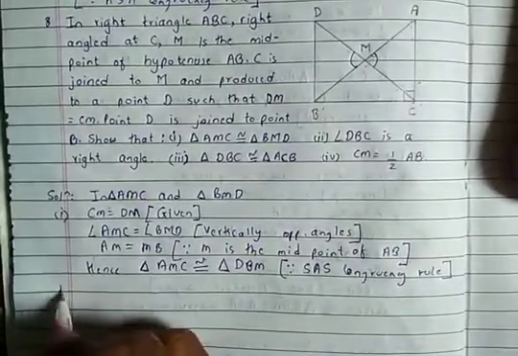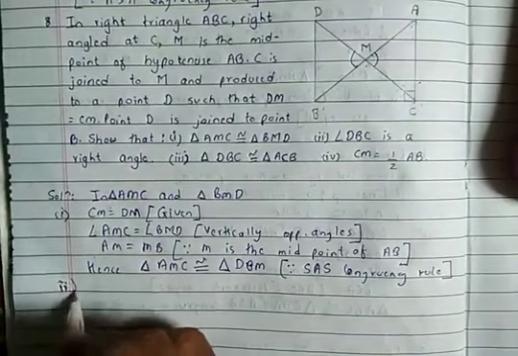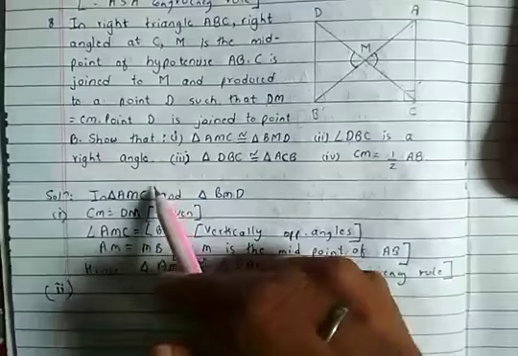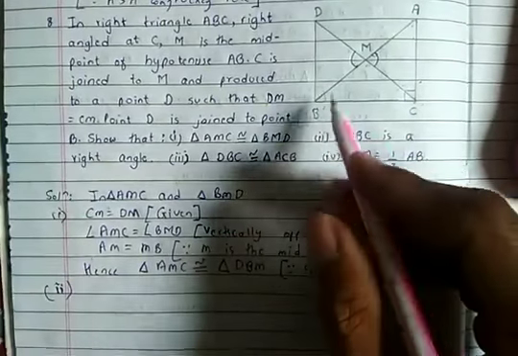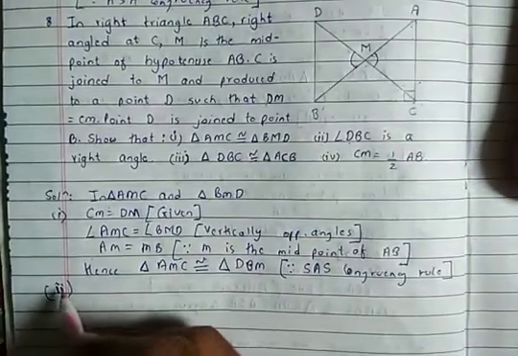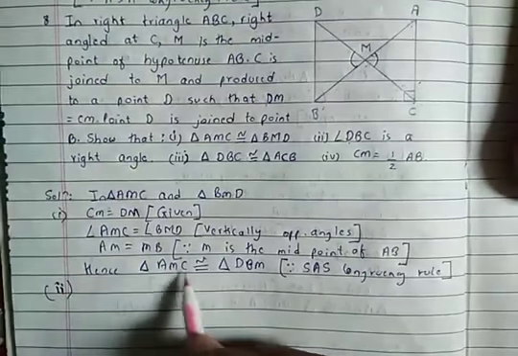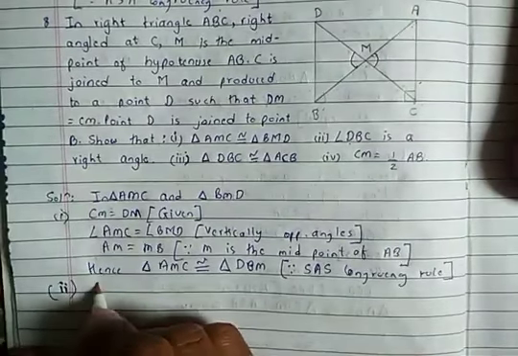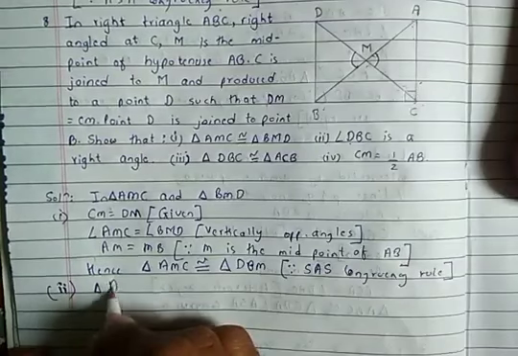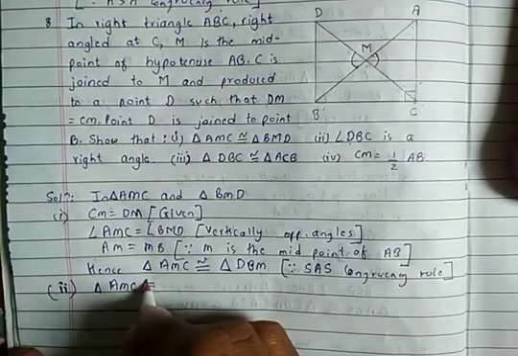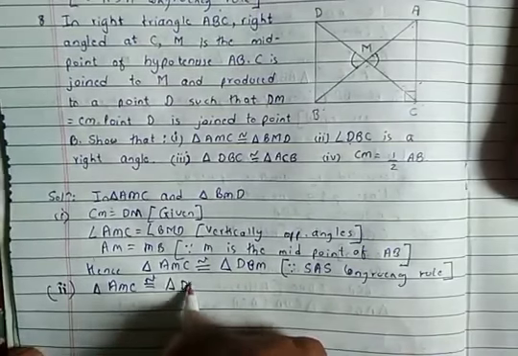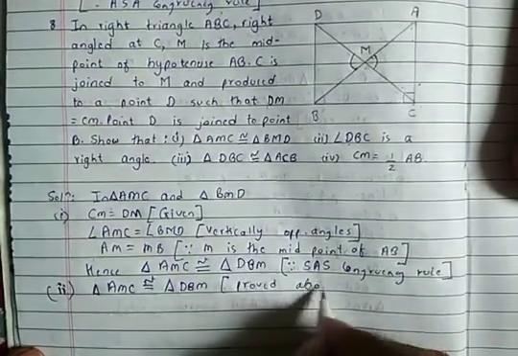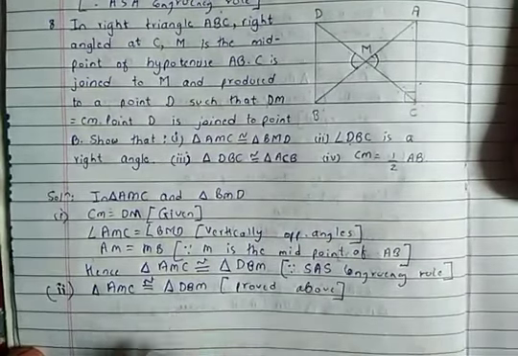Now second thing they have asked is we have to prove that angle DBC is a right angle, this one. So for this we'll consider that triangle AMC is congruent to triangle DBM, which is proved. We'll make a mention of it. Triangle AMC is congruent to triangle DBM, which is proved above. With this we'll move ahead.